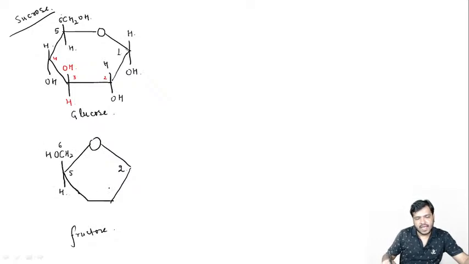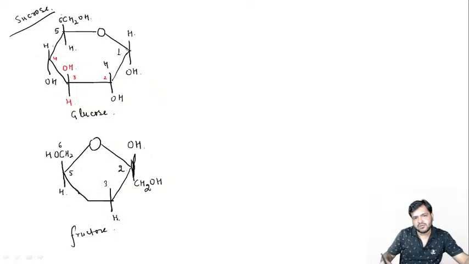Okay, and at the second carbon, basically the first carbon is out of the linkage, that is CH2OH, and over here we have the OH present. The third carbon, you already know, it's just like the glucose.